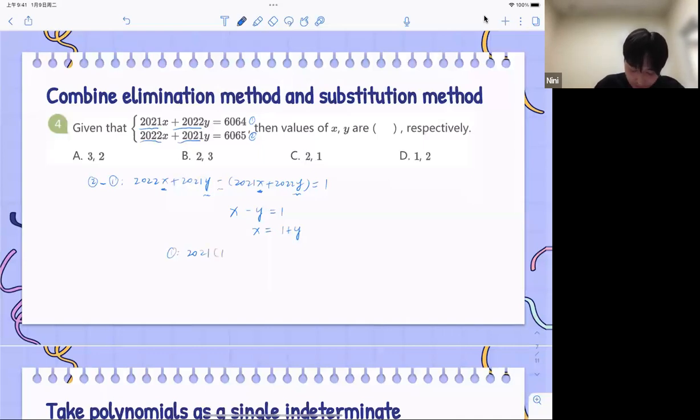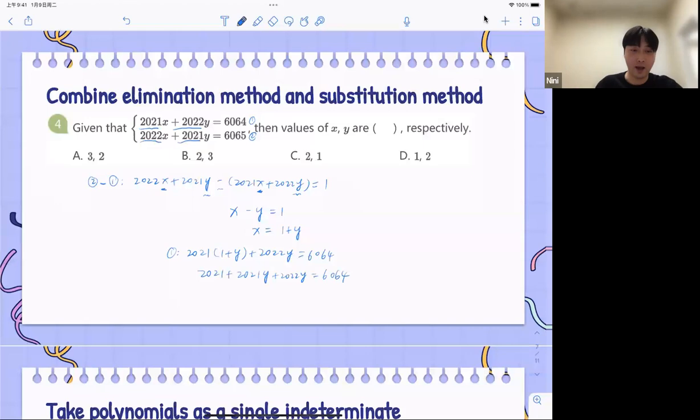We got this form, which is equal to 6064. Okay, so let's try to separate them out, which we can make it as this one and this one, and which is equal to this stuff here.